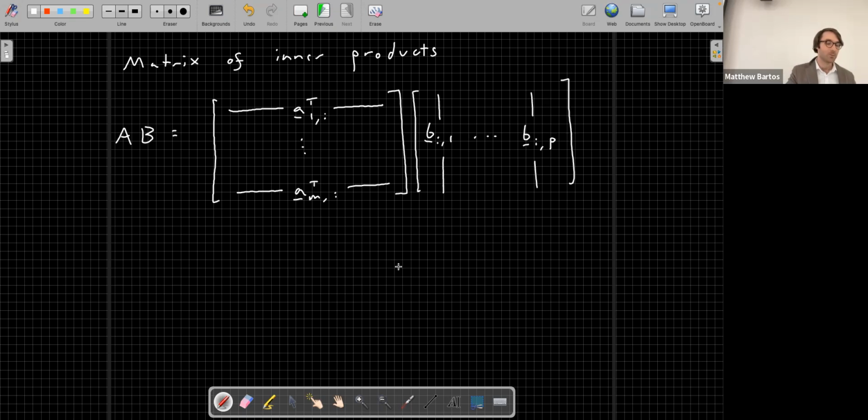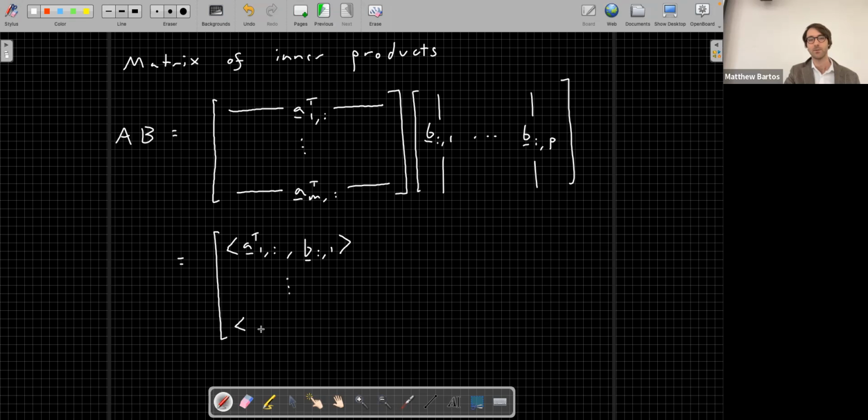And what we're going to do is essentially take the inner product of each of these rows with each of these columns. So the first element in the upper left-hand corner will be A(1,:) transpose inner product with B(:,1).